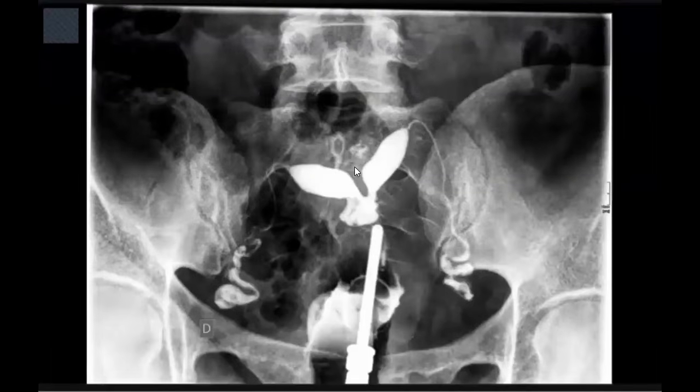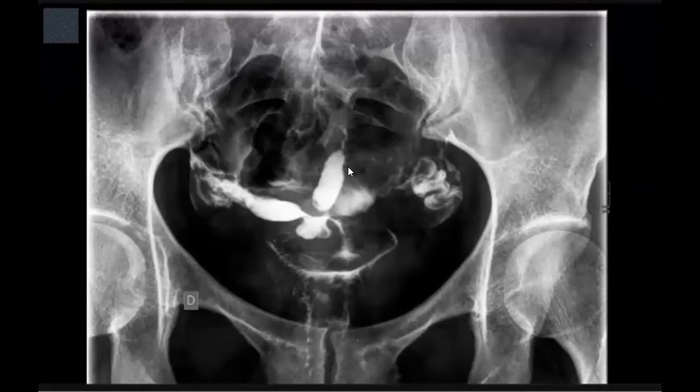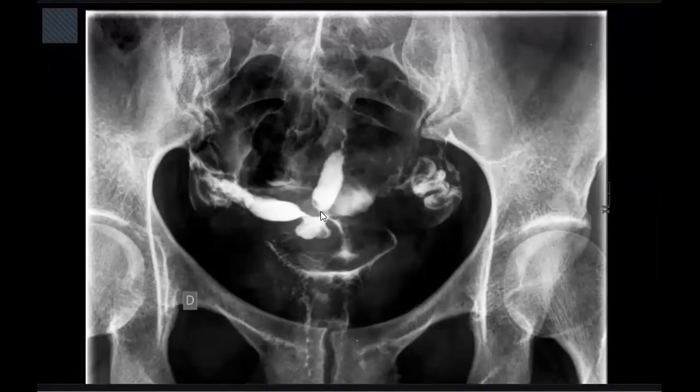Okay, in these images I can appreciate that the contrast is outlining the two uterine cavities.